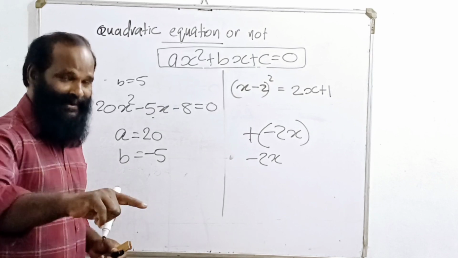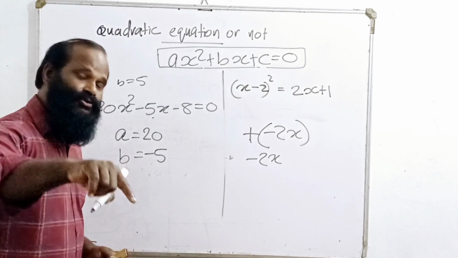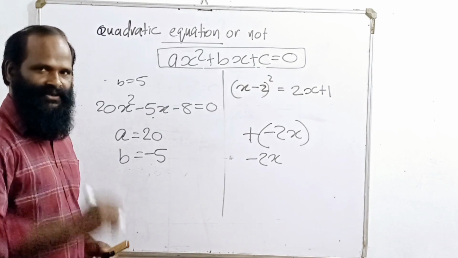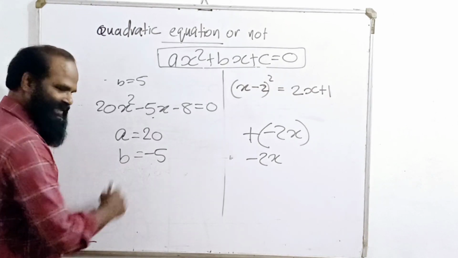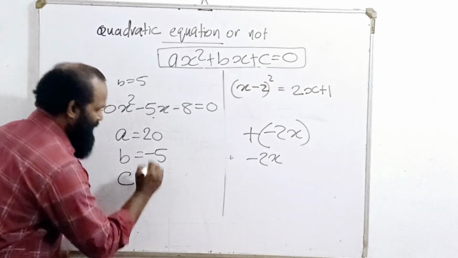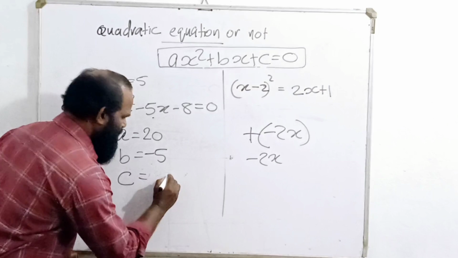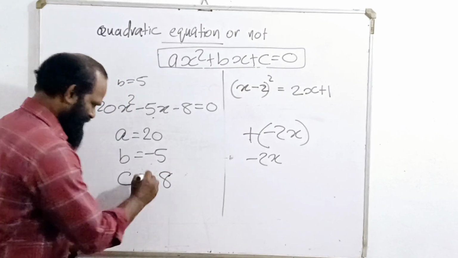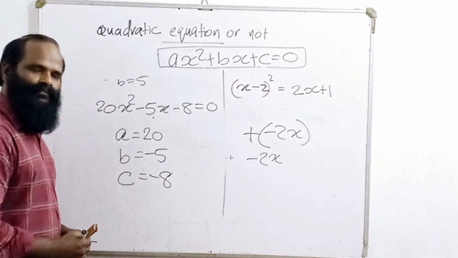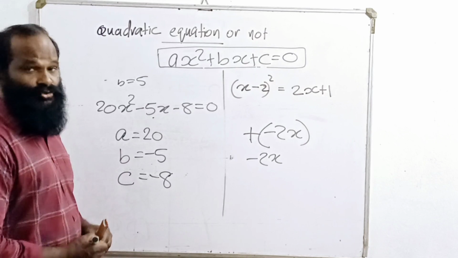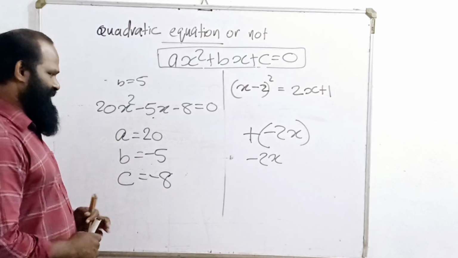If there is a sign, minus sign ahead of the number, that sign should be the sign of the number. So b is minus 5. Then what would be c? This is not simply 8. This is minus 8. So this is what I wish to talk about, a, b and c.